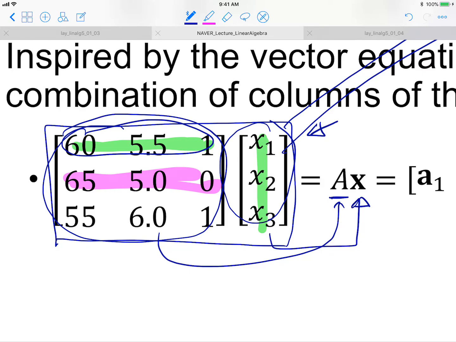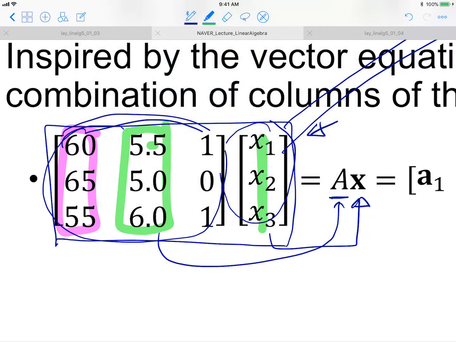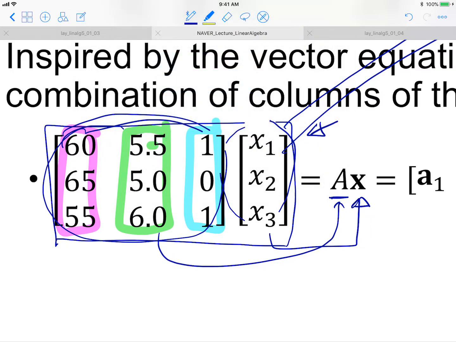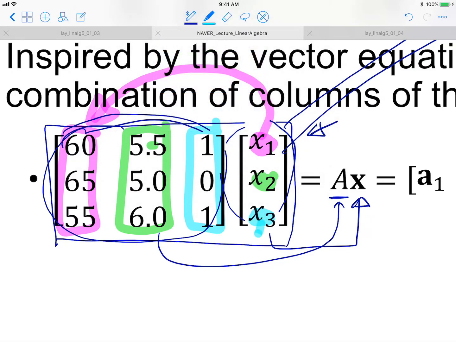So in this case, we can now view this one as this guy and this guy. This guy, we have 3 columns, right? And then we have these linear combination coefficients that are multiplied with the first column, and then the second one, and the third one.